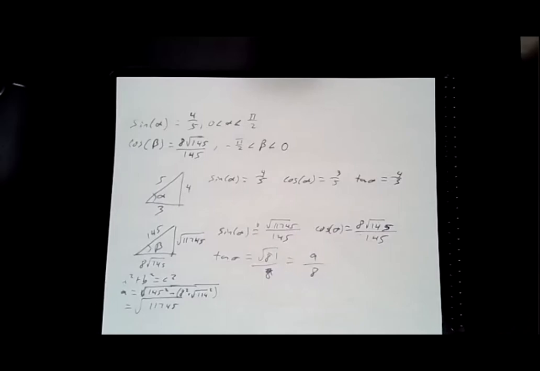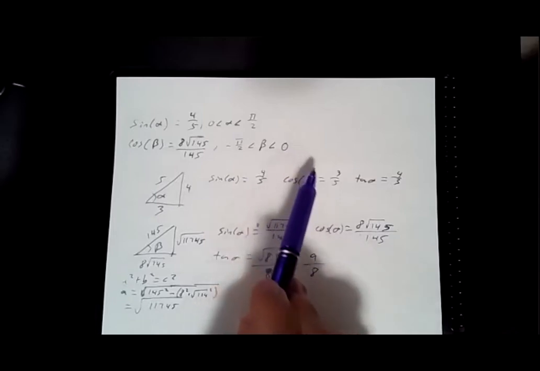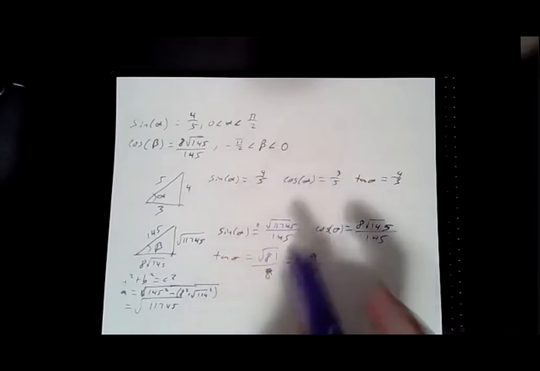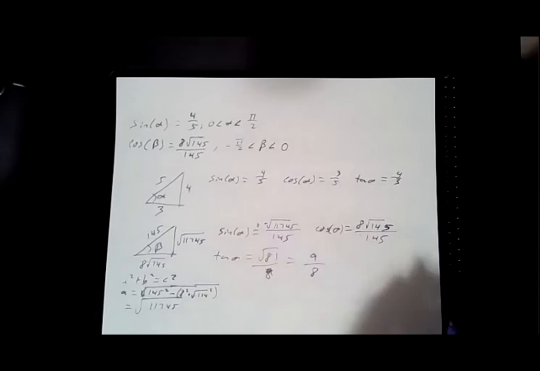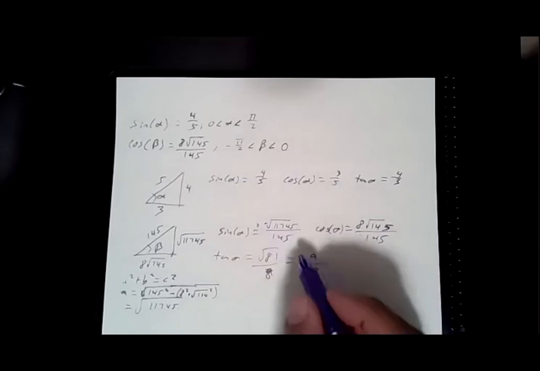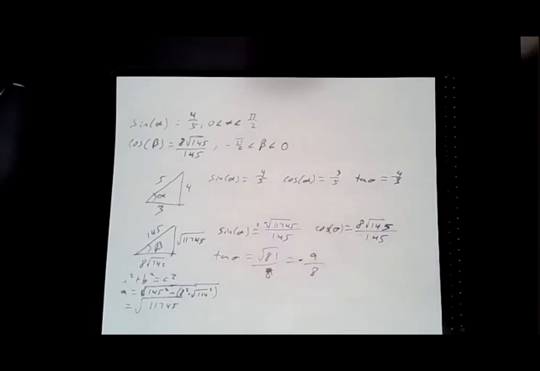It's in quadrant 4, so sine is negative there. Cosine is positive. Tangent is negative. Okay.